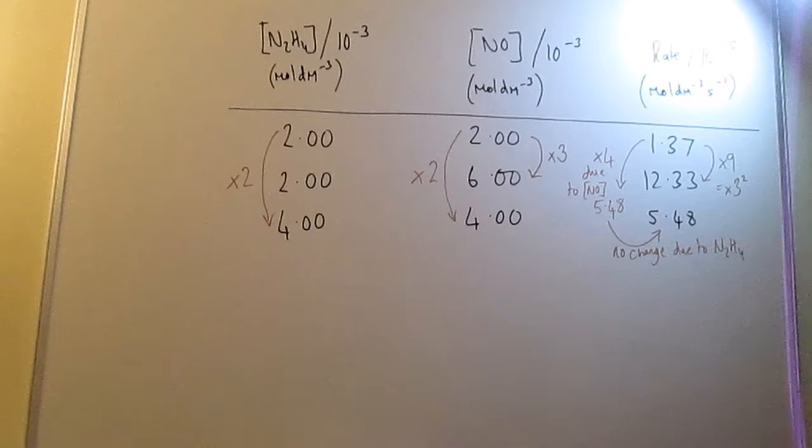So that's how you work it out, and in your explanation you don't have to go into huge detail, but it needs to be clear that that's how you've approached it. You can't just say, oh, N2H4 has no effect on the rate, therefore it's zero order, because they will think you guessed.